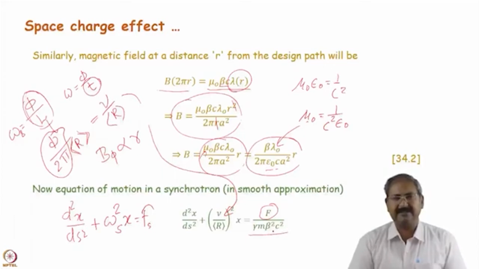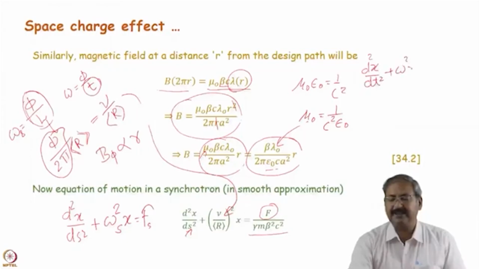Why are these terms there? Because again, we are talking in the s coordinate rather than time. The equation of motion will be like this: d2x by dt squared plus omega squared x is equal to some force. When we convert this t into s, we will get some values here, and this is written here.